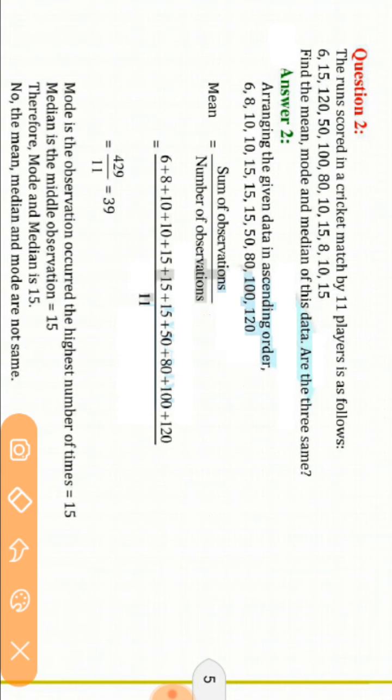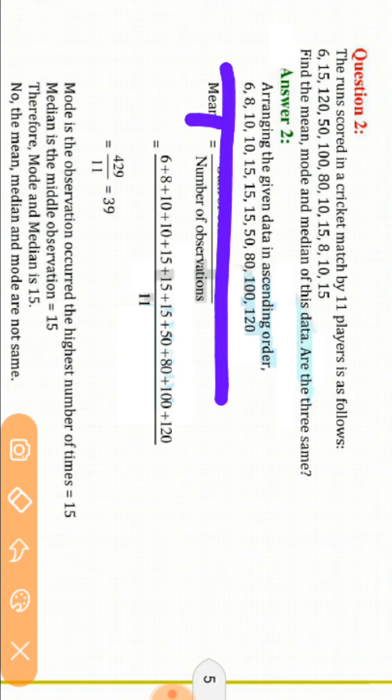Then the question is mode. Mode means the highest repeated score. Which is the highest repeated? We have to arrange the numbers first. By arranging the numbers, see, 10 is repeated 2 times, but 15 is 3 times.